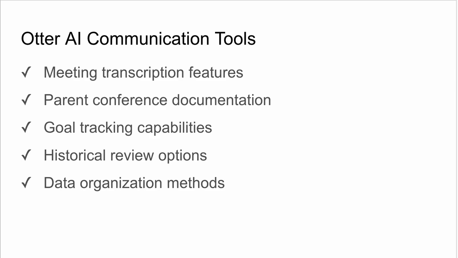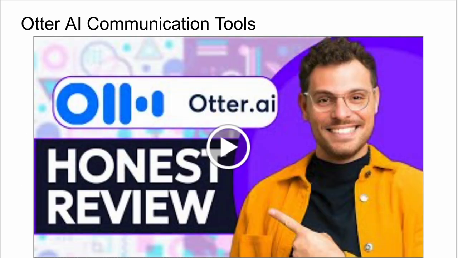There are historical review options, so you can look back at past conversations whenever needed. You can search for specific words or topics, and you can also analyze the data. Otter AI organizes all your transcripts by date, so it's all there.